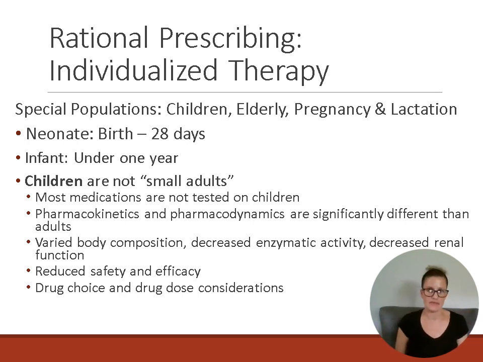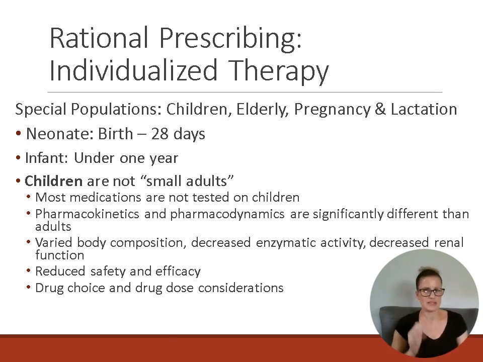Vast differences in pharmacokinetics and pharmacodynamics. So differences in how the drug affects the patient, the child, and differences in how the child is able to process the drug. Children have varied body composition with a higher percentage of extracellular fluid and lower or fewer plasma proteins.